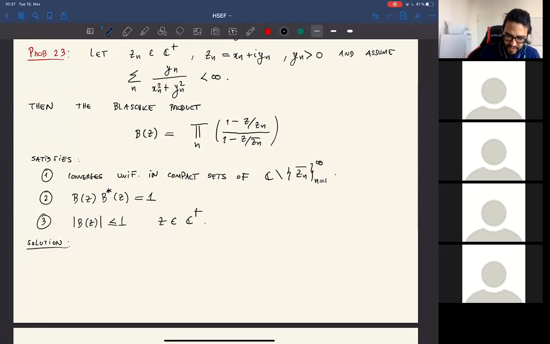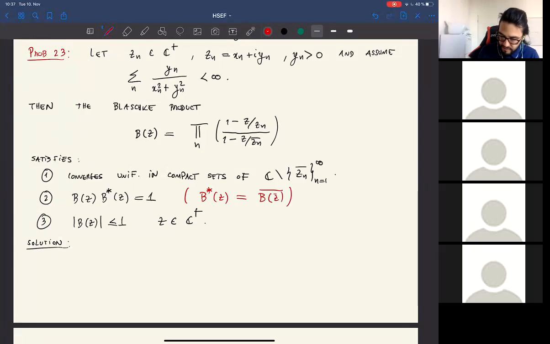Well, 2 is really just an observation. Because if you take, okay, I have to define what B star is first. So B star here, let me define. And we will use this star notation throughout the whole class.